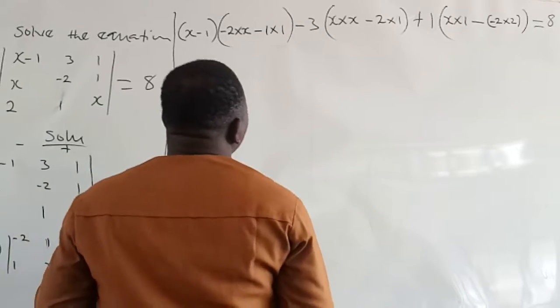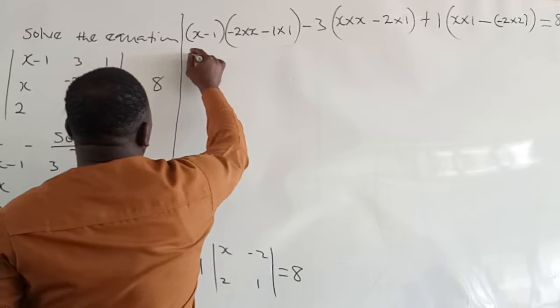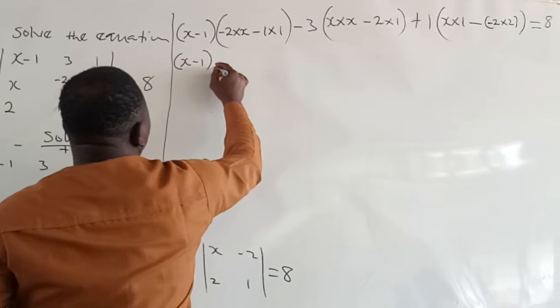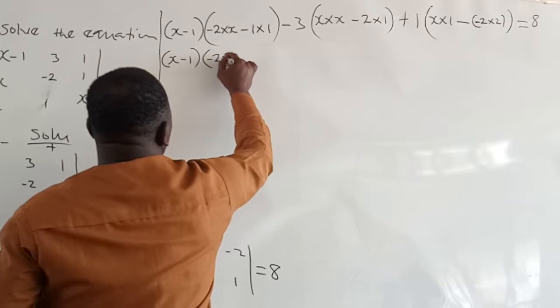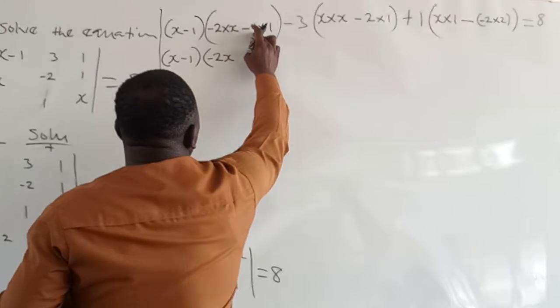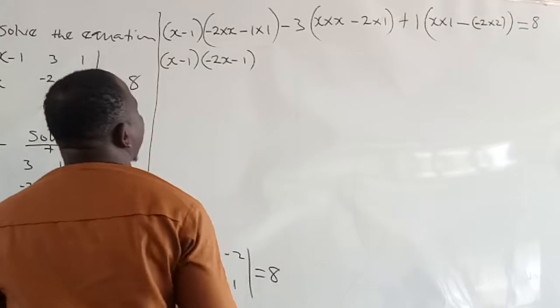So if you agree with me, definitely we are going to have x minus 1 all in bracket, minus 2x minus 1 times 1, it will give us minus 1. Is that clear?